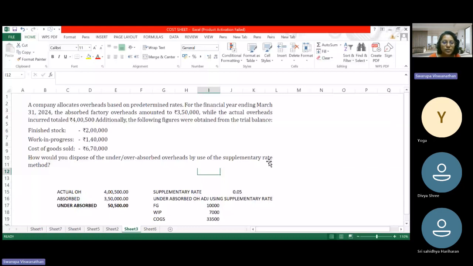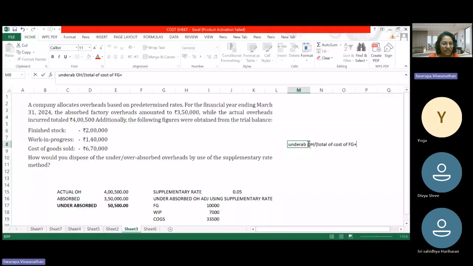So when we have an under absorption of overheads, that has to be adjusted against each component: finished goods, WIP, as well as the cost of goods sold. For which we use a supplementary rate. Now what is supplementary rate? Supplementary rate is under absorbed overheads divided by the total of cost, that is cost of finished goods, WIP, and COGS.